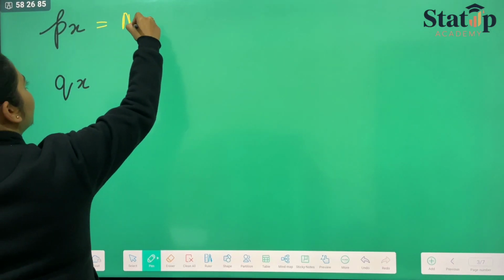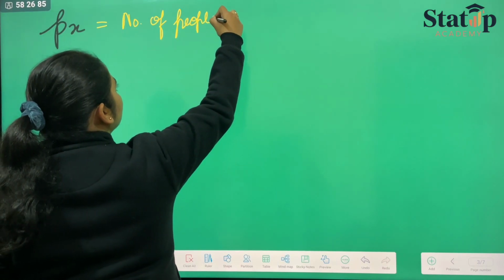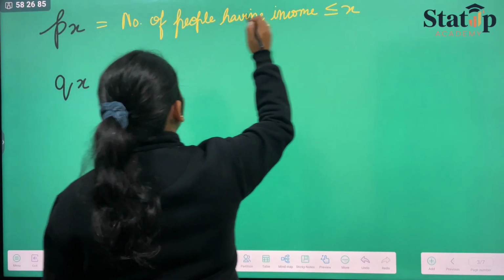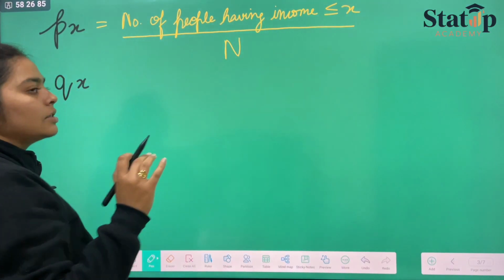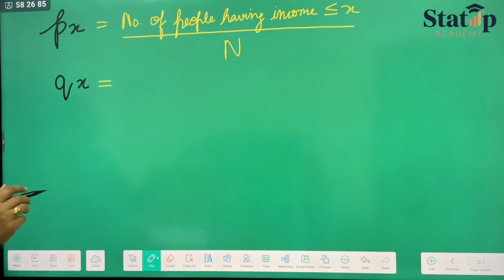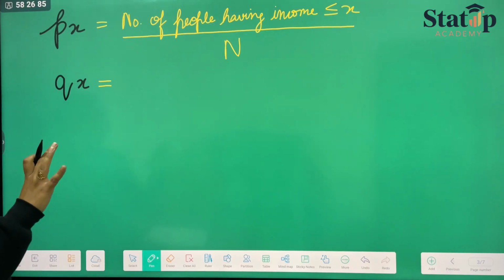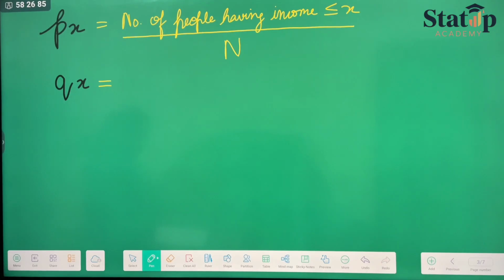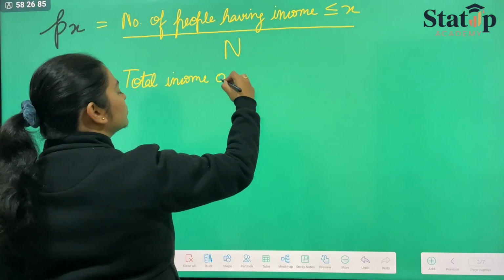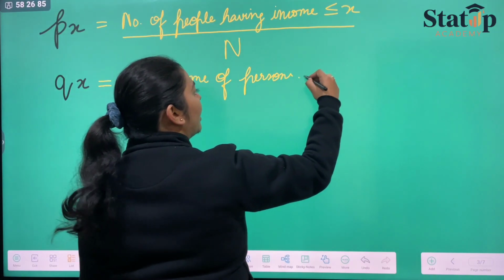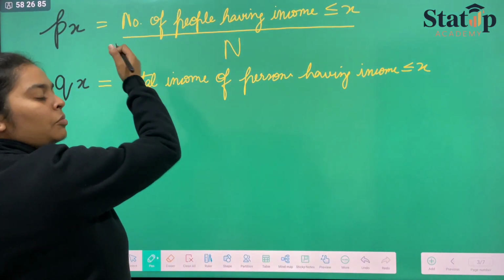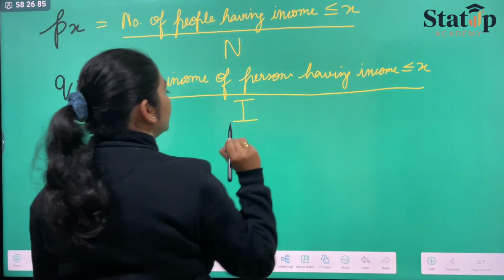Px is the number of people or individuals having income less than or equal to x upon capital N, this is the probability of people having income less than or equal to x, and Qx is the total income of the people having income less than or equal to x, means total income of Px only divided by the total income, which is capital I.